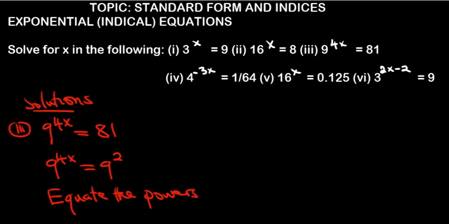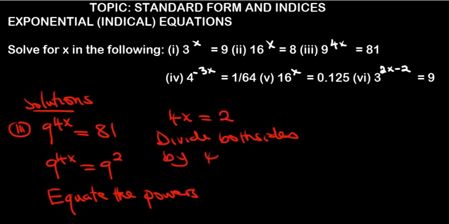When you do that, you could see that 4x equals 2. Then we also say divide both sides by 4. That means we have 4x over 4 equals 2 over 4. 4 cancels 4. Therefore, x equals 2 over 4, which is 1 over 2. And that's how we have the question solved.